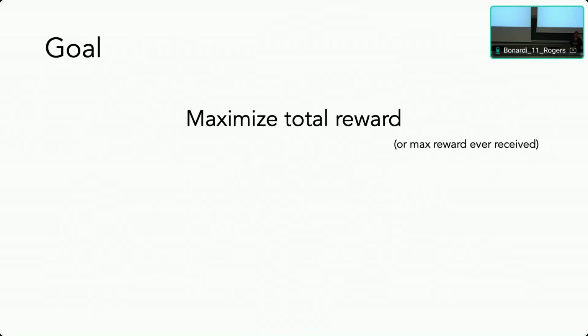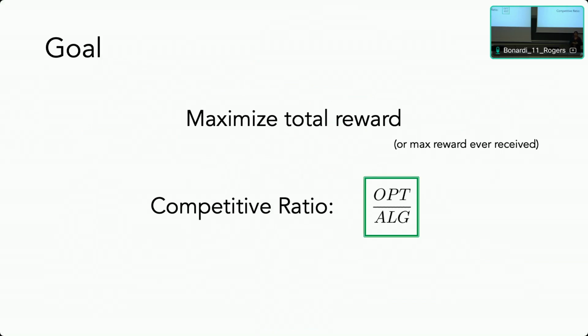In the paper, we also talk about the objective function of the maximum reward ever received. But for the purposes of the talk, I'll just focus on this objective. And we're going to measure this by competitive ratio, OPT over ALG.